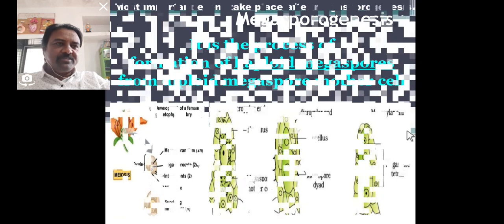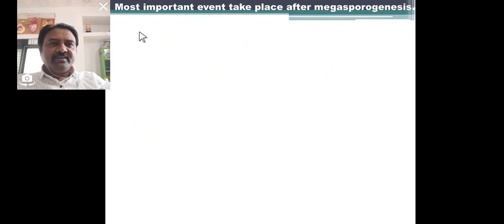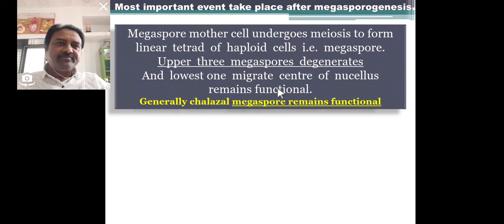Now, one of the most important events that takes place after megasporogenesis is this: the megaspore mother cell undergoes meiosis to form a linear tetrad of haploid cells, that is megaspores, no doubt.